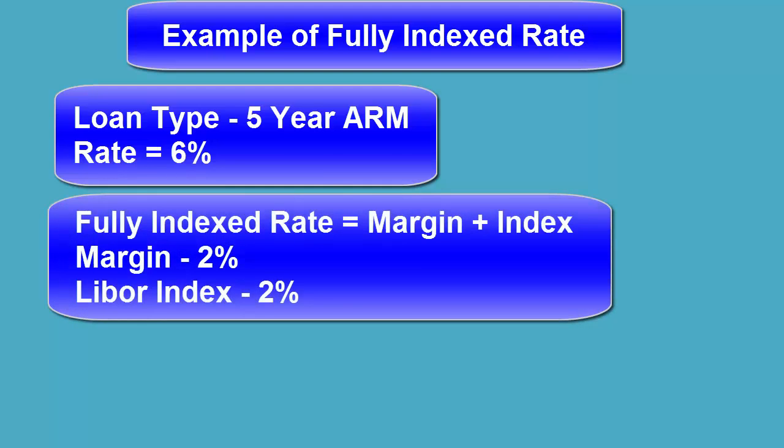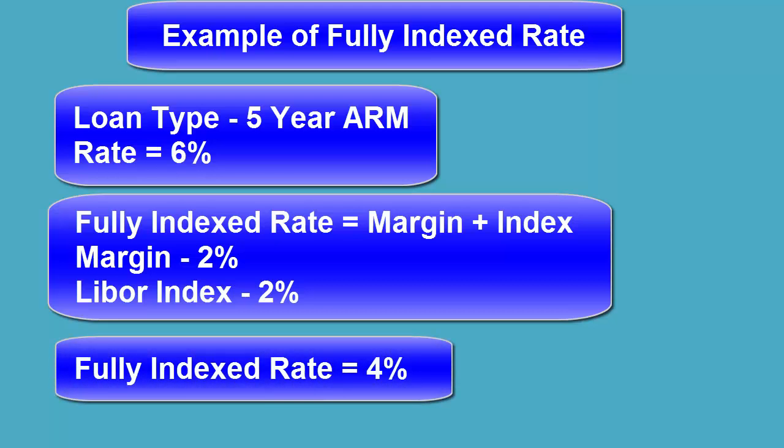Your fully indexed rate at the end of 5 years is going to change based on the margin and the index. Let's say your 5-year ARM was based on what's called the LIBOR index, which is a commonly used index in mortgages. And the margin, determined by your lender, was 2%. So your fully indexed rate would be the 2% index plus the margin of 2%, which is 4%.